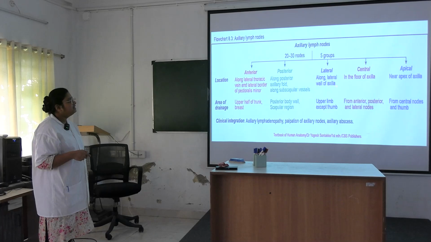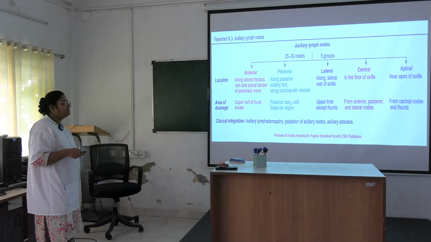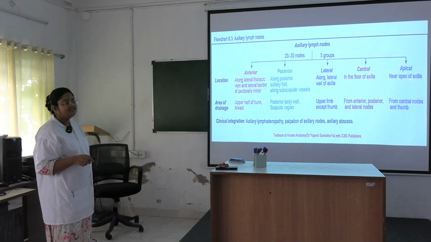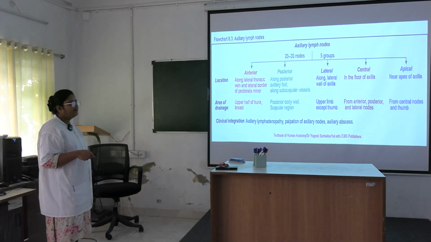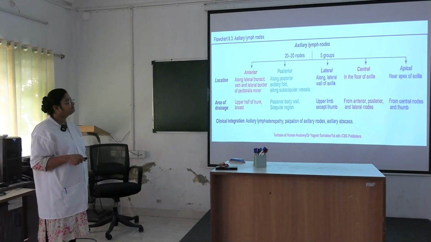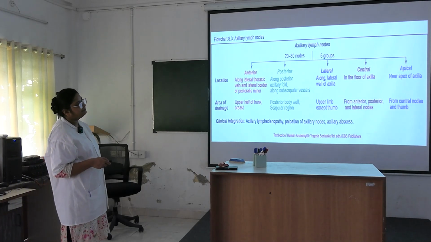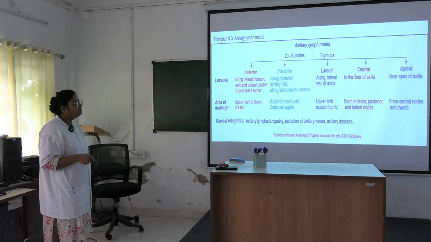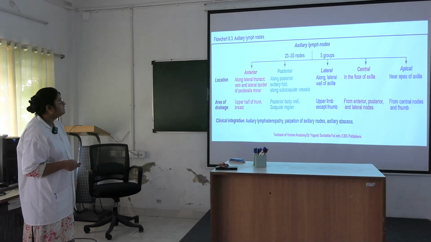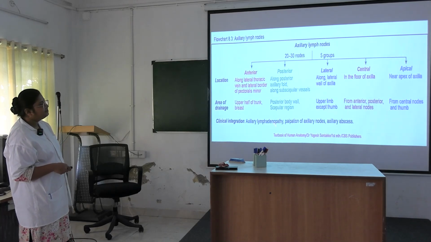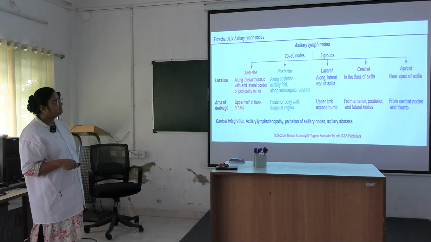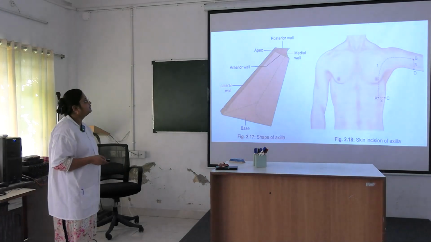The lateral group lies along the lateral wall of the axilla; it drains the upper limb except the thumb. The central group lies in the floor of the axilla and receives drainage from the anterior, posterior and lateral nodes. The apical group lies near the apex of the axilla and receives drainage from the central nodes and the thumb. Clinical correlations are axillary lymphadenopathy, palpation of axillary nodes in carcinoma of the breast, and axillary abscess.